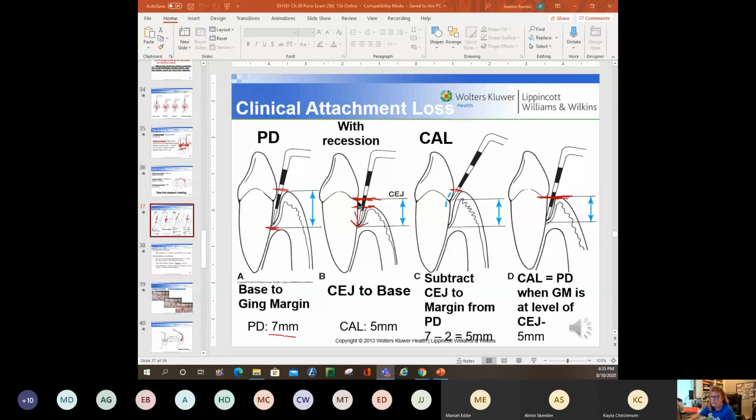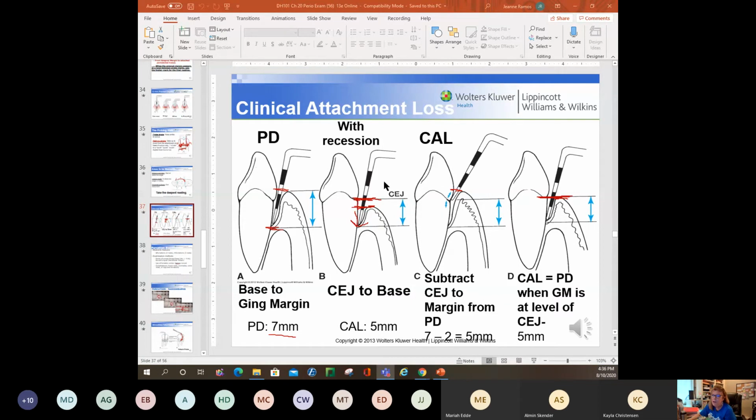What I would take, maybe, I'm sorry, maybe 3 or 4. This would be a 3, and that goes right above there a little bit, that would be a 4, and maybe there's another millimeter up to the CEJ.